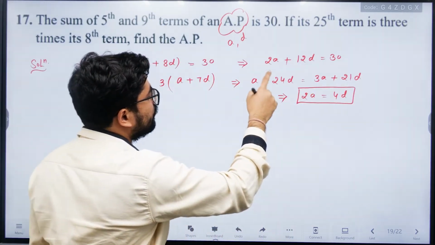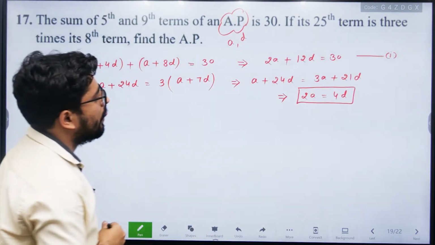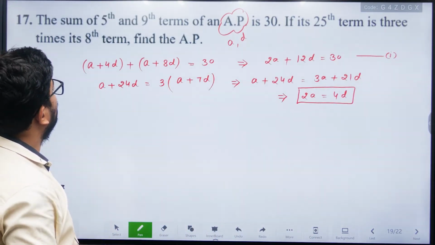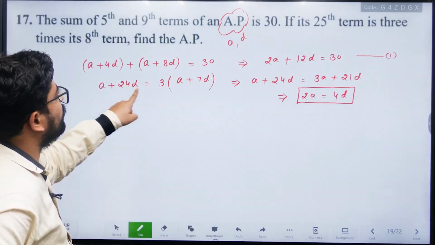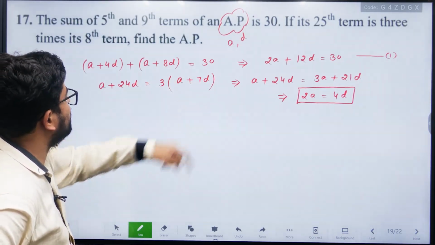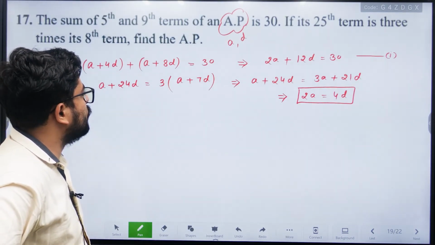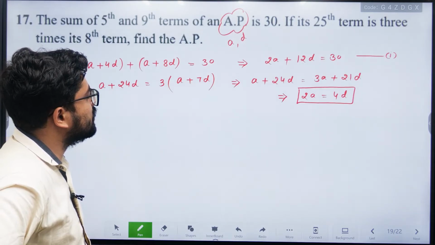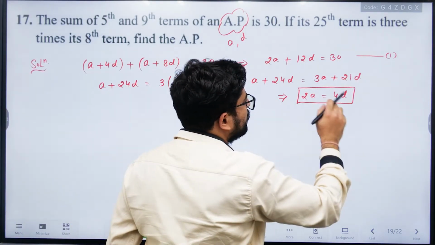So the fifth term is A plus 4D, the ninth term is A plus 8D, that's 30. A plus 24D is 3 times the 8th term, A plus 7D, so A plus 24D is equal to 3A plus 21D. So you can say 2A is equal to 24 minus 21, that's 3D.